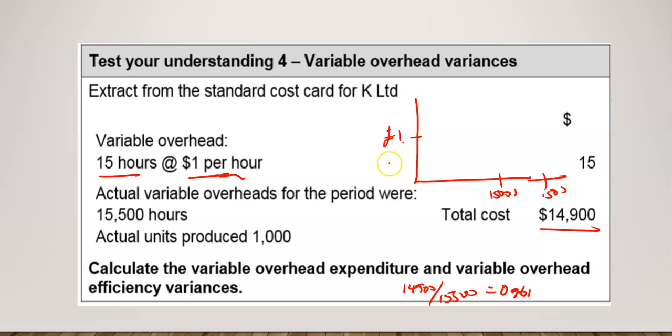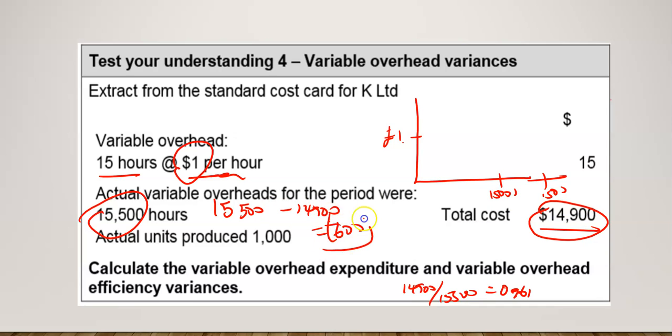It doesn't really matter. The key point here is that I know you should spend £1 times 15,500 hours, so you should spend £15,500, but you've spent 14,900. So the difference, of course, is £600. So that's what I know that you've done. And that's the adverse price variance.